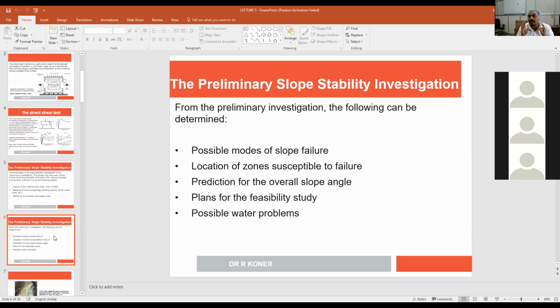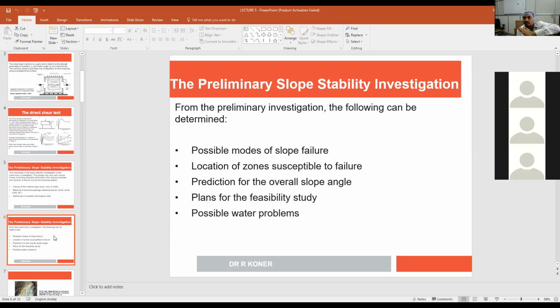Based on that estimate, we can possibly understand the mode of shear failure going to occur in that particular zone. That we have already understood in the last class.